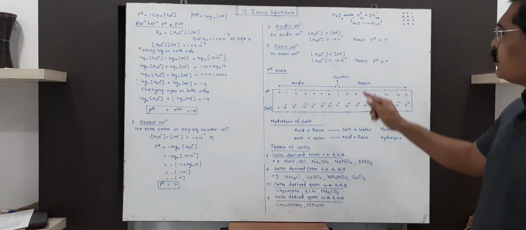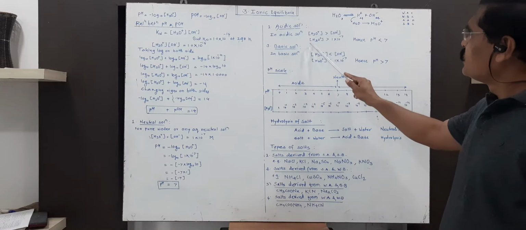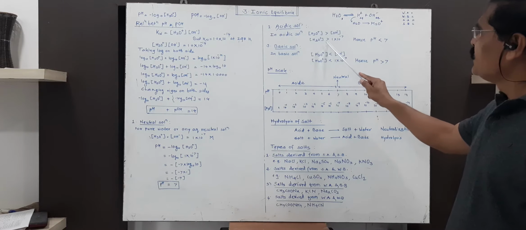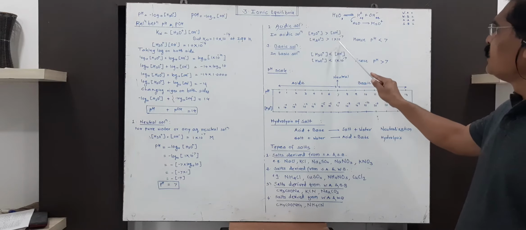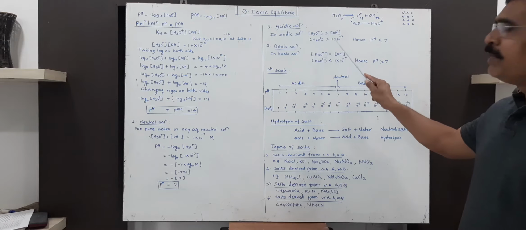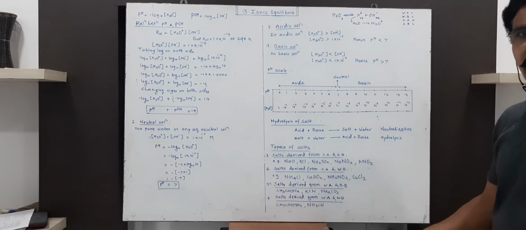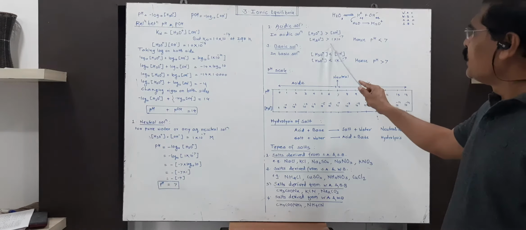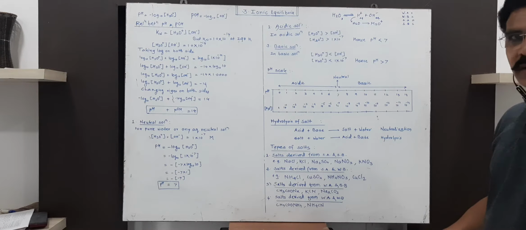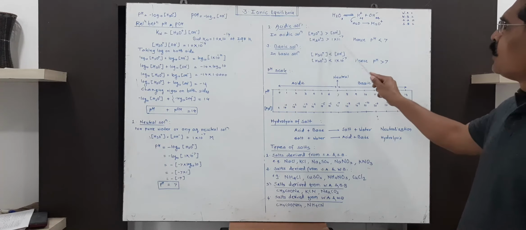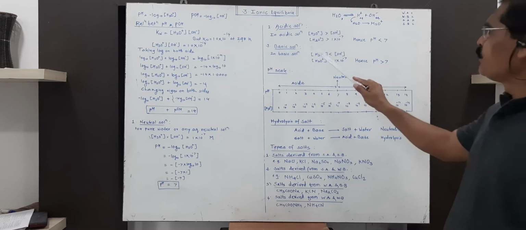For example, it may be 1 × 10^-6, 10^-5, 10^-4 or 10^-3.